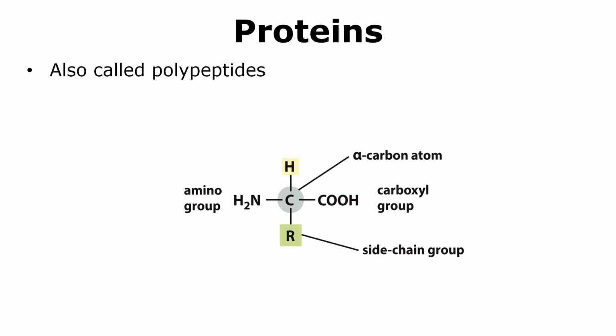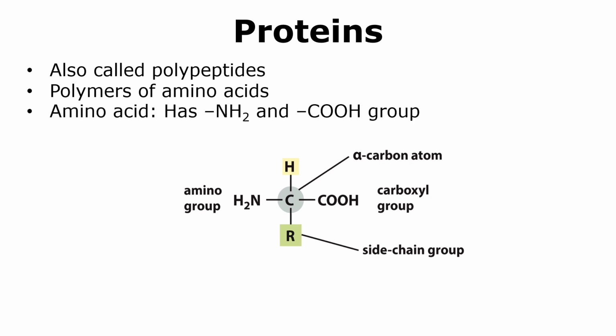Proteins can also be called polypeptides. However, it should be noted that there is a subtle difference between proteins and polypeptides. Polypeptides are polymers of amino acids, and hence the monomeric unit of a polypeptide is a molecule called an amino acid.